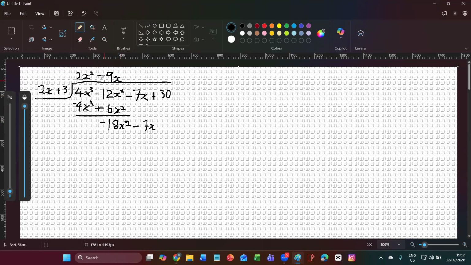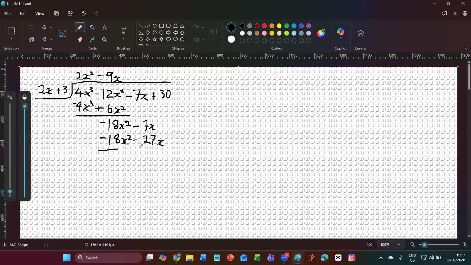Now minus 9x times 2x, of course, gives you back the same thing, minus 18x squared. Minus 9x times plus 3 will be minus 27x. Okay?